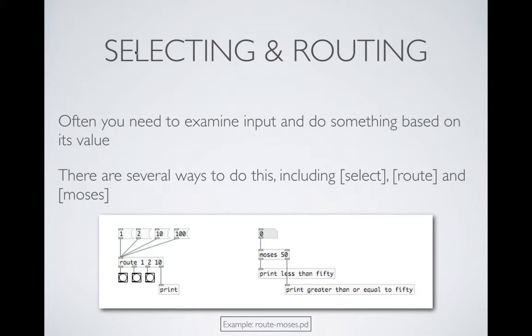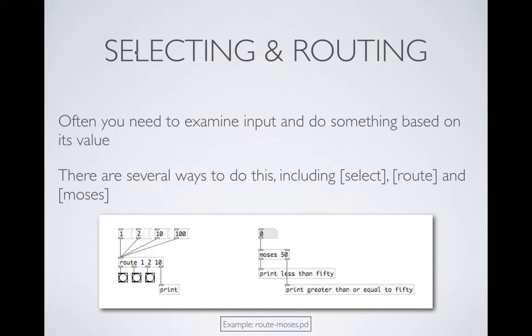So when you're creating a Pure Data patch, just like if you're creating a program in Processing or any other programming language, you normally need some way to do if-then statements. If something occurs, then do something. If the input from the user is greater than 10, then display the color red.